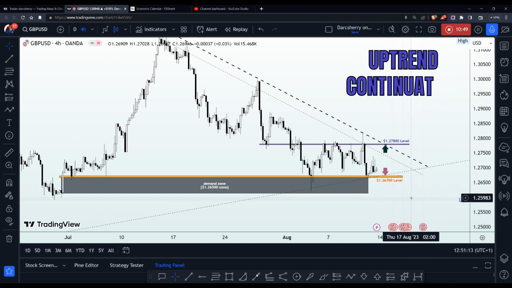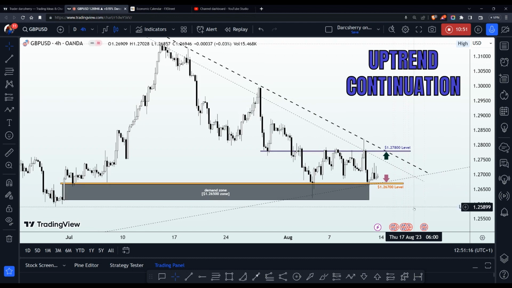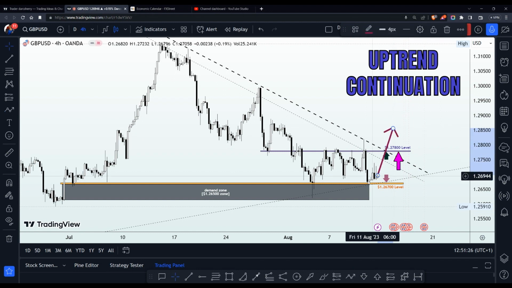However, if we are going to consider buying the GBPUSD, the only condition or criteria that will give us the confidence to join a bullish momentum at this juncture is to see price action break out of the 1.27800 level, which of course also shares a confluence with that descending trend line.